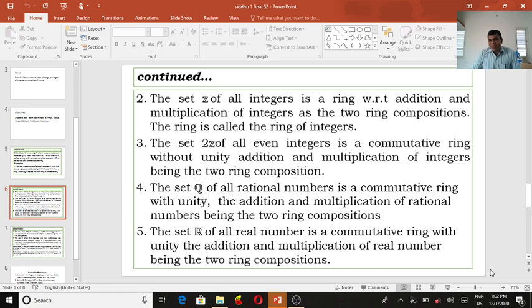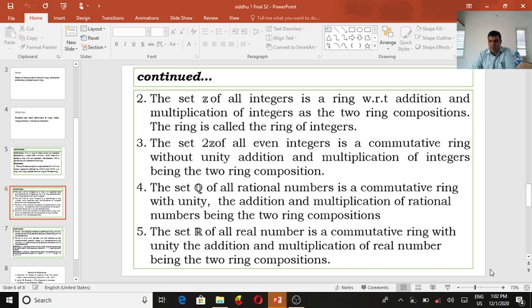So we come to one more example. The set 2Z of all even integers is a commutative ring without unity, with addition and multiplication of integers being the two ring compositions. What is 2Z? The set of all minus 6, minus 4, minus 2, 0, 2, 4, 6.